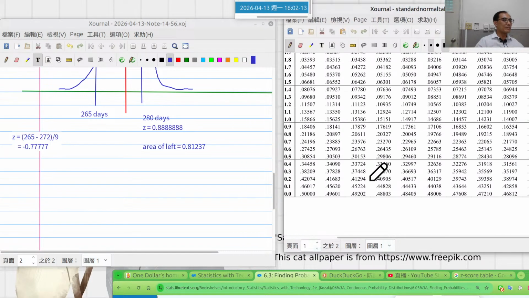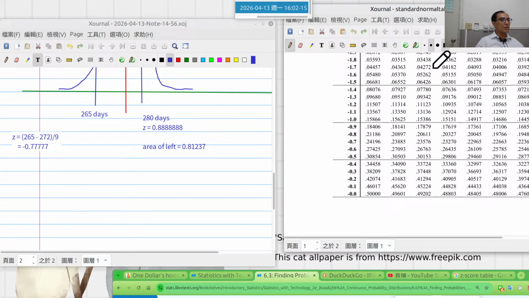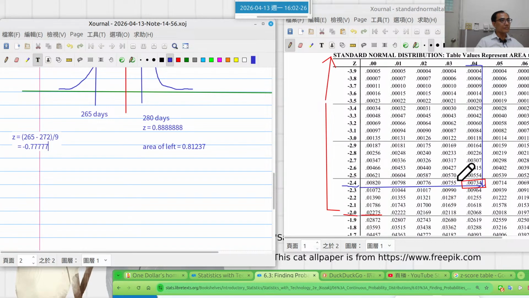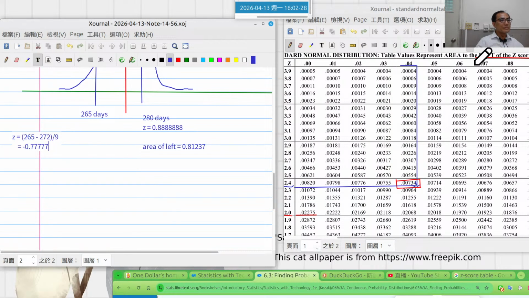Let me check it here. The second 7 here. The third decimal is also 7.